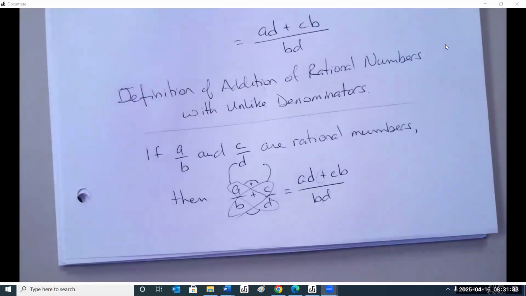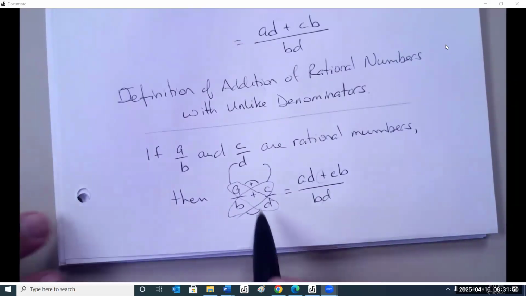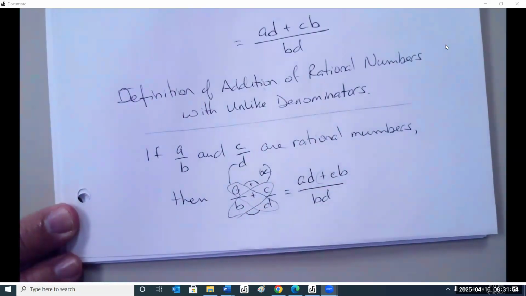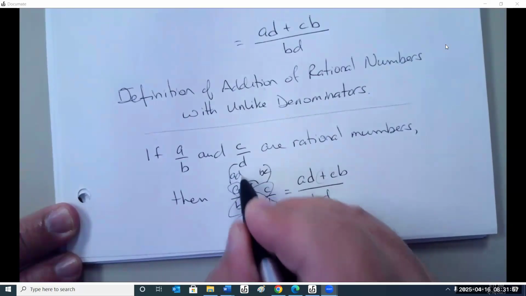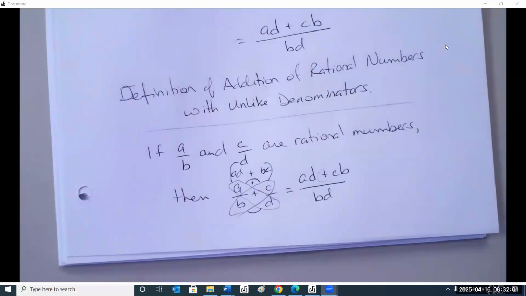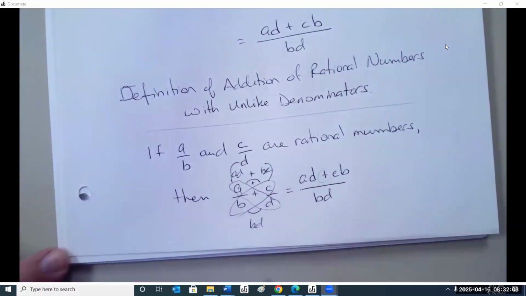I introduced this to a bunch of graduate students. They said they wish they would have known this process growing up because they were forced to memorize this rule, but there was nothing to make them really apply anything. This is it. Butterfly. You have the wings, which means B times C. This one is A times D, and they're added all over BD.